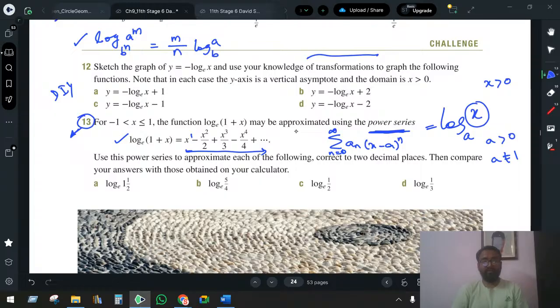And use this power series to approximate each of the following correct up to 4 decimals. Okay. So what is log of 3 by 2? We don't know this value directly, because it is 2 plus 1, that is 3 by 2, base e. Of course, it is easily captured with log 3 base e minus log 2 base e, but it can be approximated with this power series.